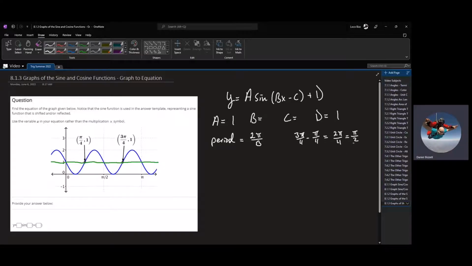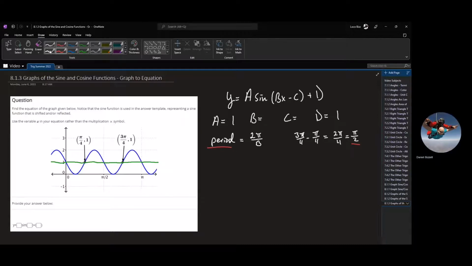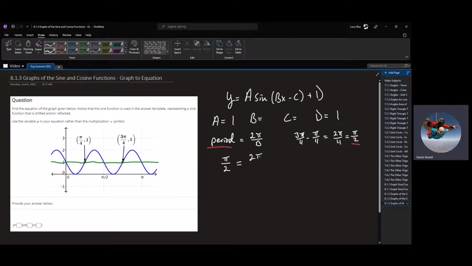Since we know our period is pi over 2, we can plug that in right here. So now we have pi over 2 is equal to 2 pi over b. What we're doing is we figured out what the period is, and we're setting it equal to the formula for the period, and now we've only got one unknown, and we can solve for b.